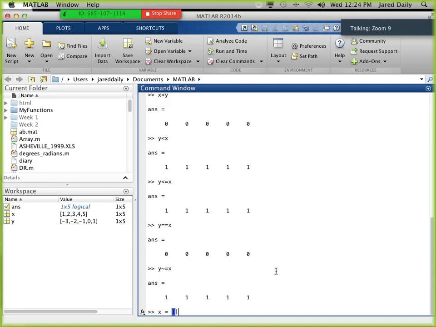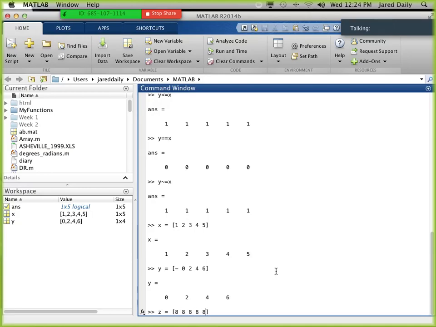We have x equals 1, 2, 3, 4, 5, and then they have y equals -2, 0, 2, 4, 6, and then they have z is equal to 8, 8, 8, 8, 8.